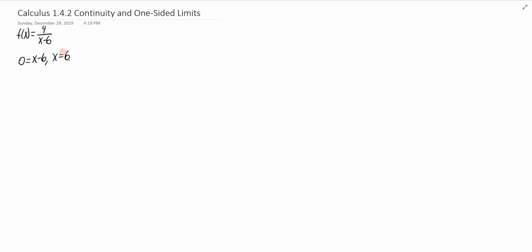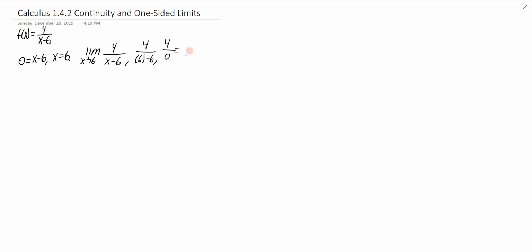So what we're going to say is, we're going to say the limit as x goes to 6 of 4 over x minus 6. And so what this is going to end up getting us is we're going to get 4 over (6 minus 6), which is going to yield a result of 4 over 0, which, as we know, is undefined.